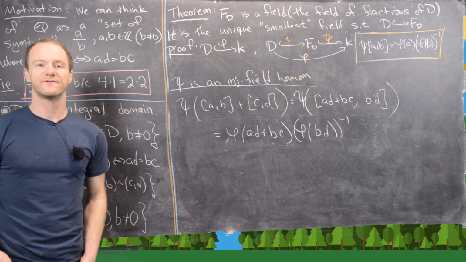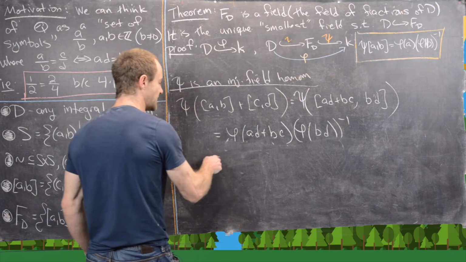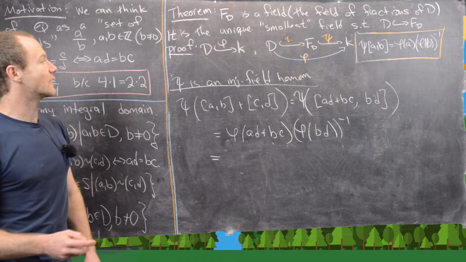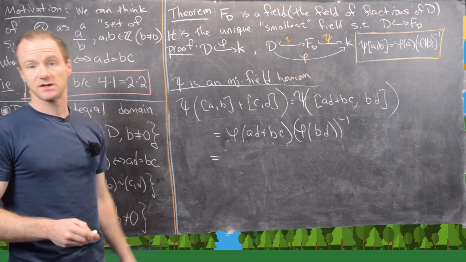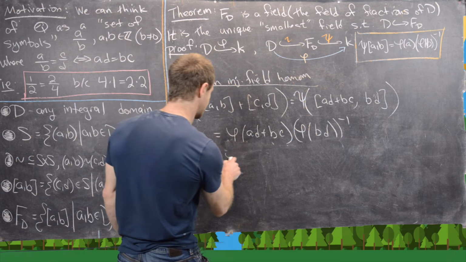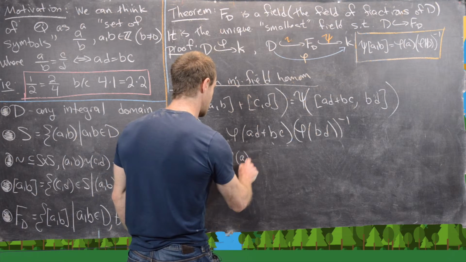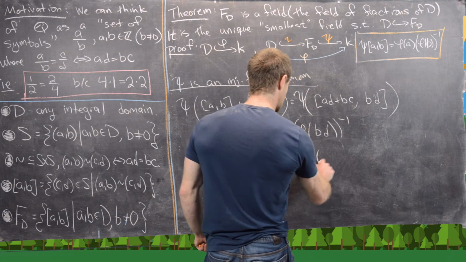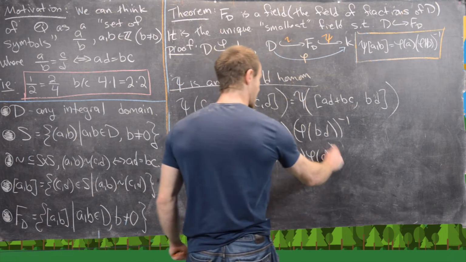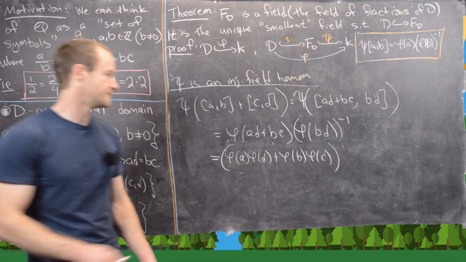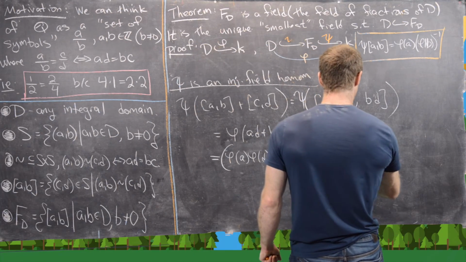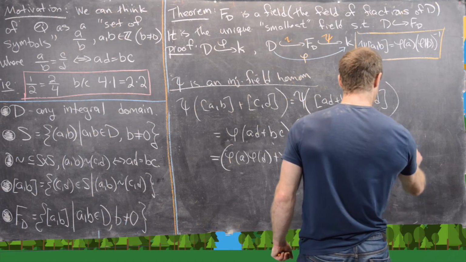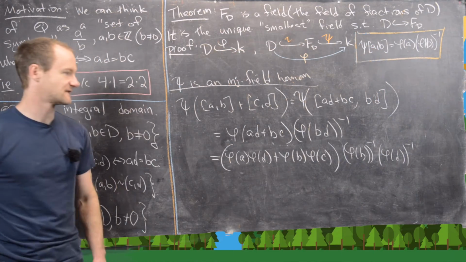But now we can use the fact that phi itself is a homomorphism, which is built into our assumption, that phi is this inclusion, and so we can write this as phi of A, phi of D, plus phi of B, phi of C. And then this is multiplied by phi of B quantity inverse times phi of D quantity inverse.